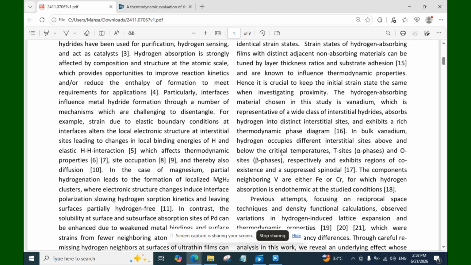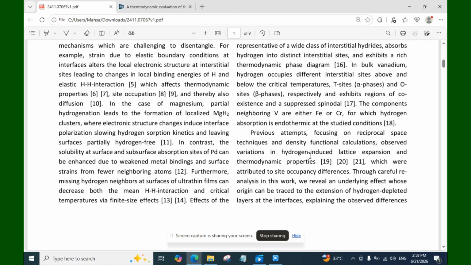In bulk vanadium, hydrogen occupies different interstitial sites above and below the critical temperatures, T sites for alpha phases and O sites for beta phases respectively, and exhibits regions of coexistence and suppressed spinodal. The components neighboring V are either Fe or Cr, for which hydrogen absorption is endothermic at the studied conditions.